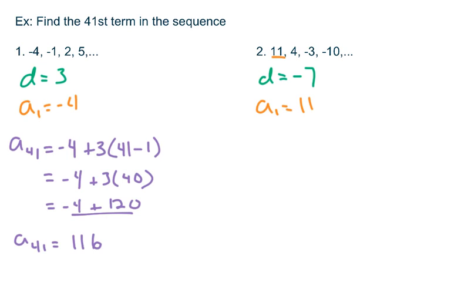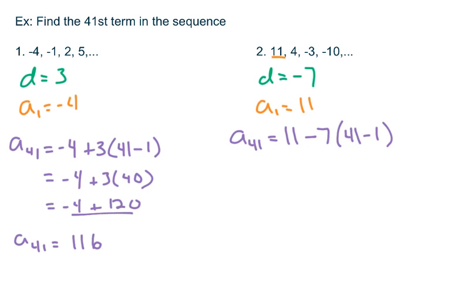And we can fill in what we know. We're looking for the 41st term, so we can say a sub 41 is equal to our first term, which is 11, plus, and in this case I'm actually going to make this minus because our common difference is negative, so minus 7 times, again, 41 minus 1, because our n value is 41. If your n value was something different, 44, 50, 100, 130, whatever, then these two numbers are always going to match.